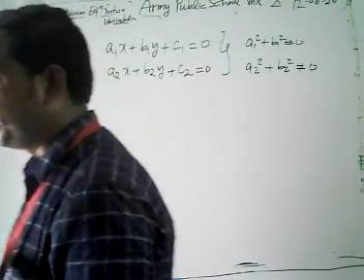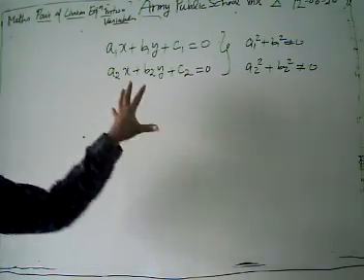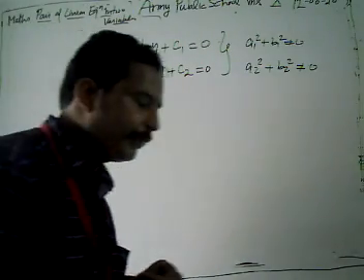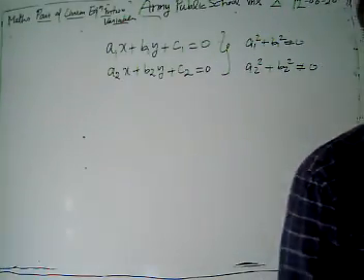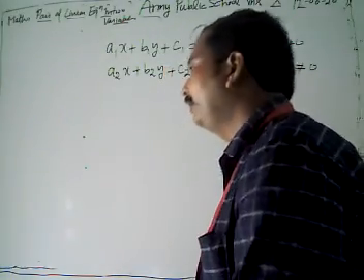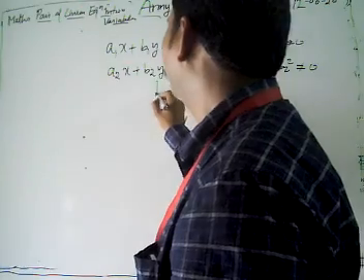Now, in such types of equation, we have a pair of linear equations in two variables. When we talk about its solution, how can we get its solution?